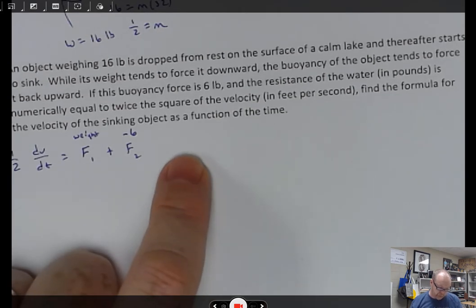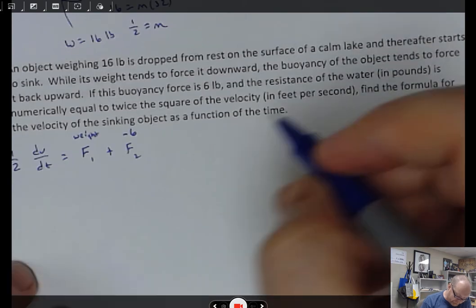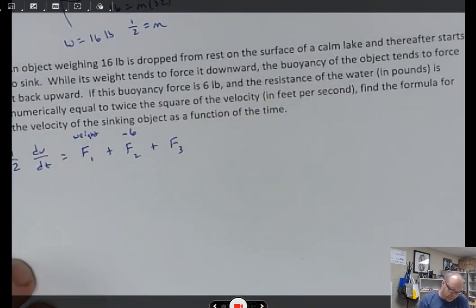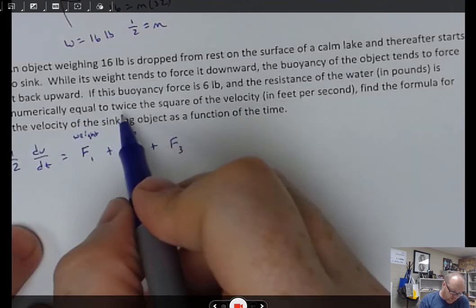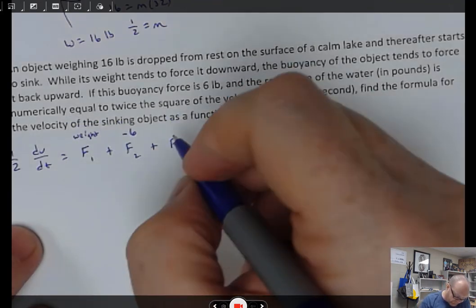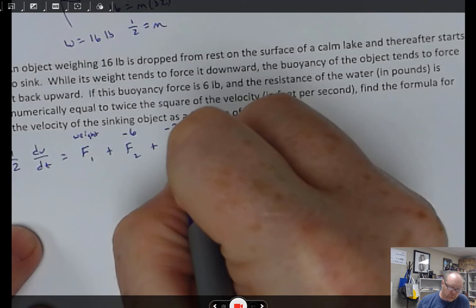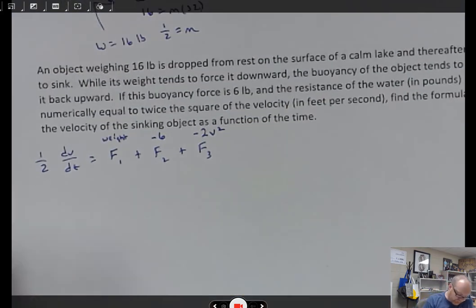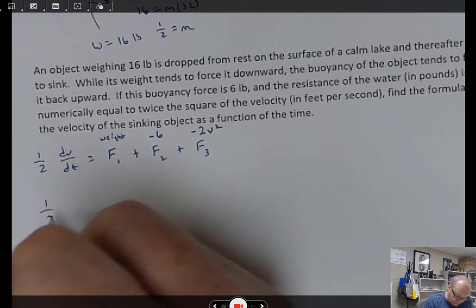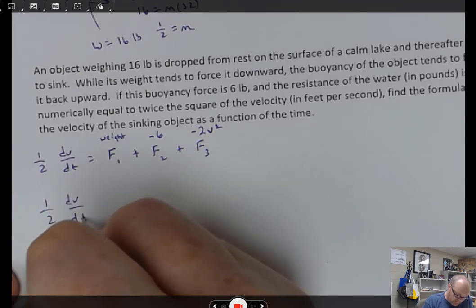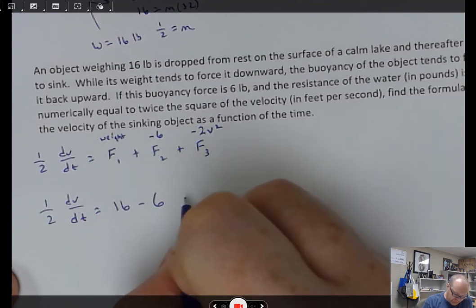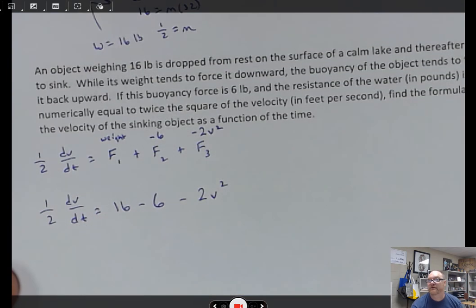And then you've got the resistance of the water, so you actually have a third force going on. Resistance of the water is numerically equal to twice the square of velocity. So a negative 2v squared. So your differential equation here looks like 16 minus 6 minus 2v squared.